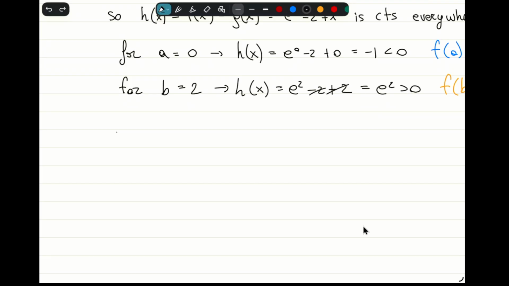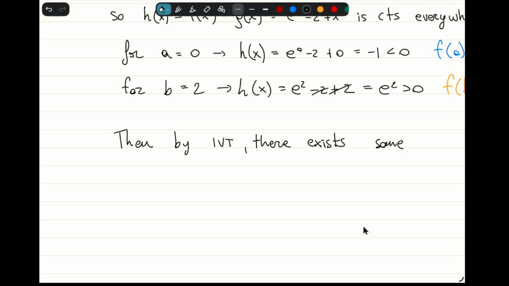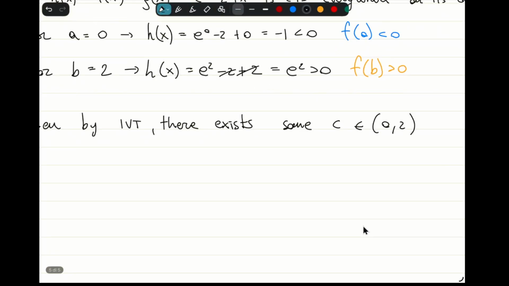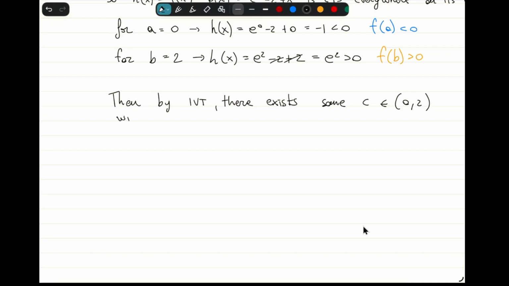However, we can conclude that by IVT there exists some point, actually let's call it c because it's more like a value in the open interval 0 2, with f of a smaller than f of c smaller than f of b.